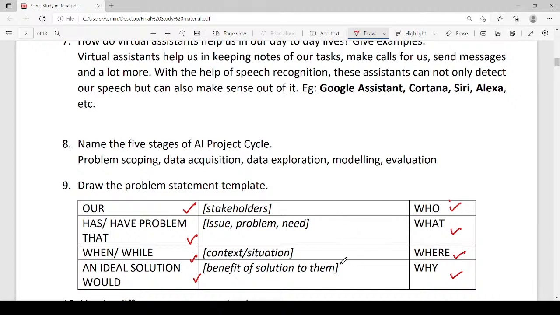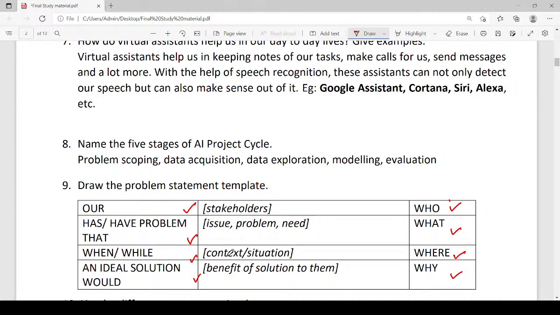The answers are marked here and then we come up with a template which helps us arrive at the goal of the AI project. So here we end up with the goal or the problem statement template. Our stakeholders have a problem that, what is the issue; when or while, the context or situation; and an ideal solution would be, what would be the benefit, right?